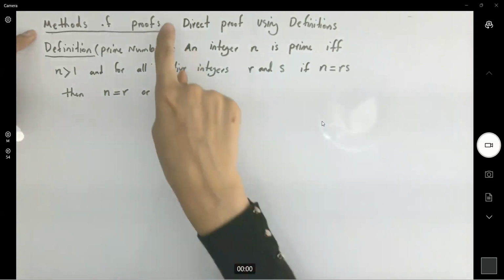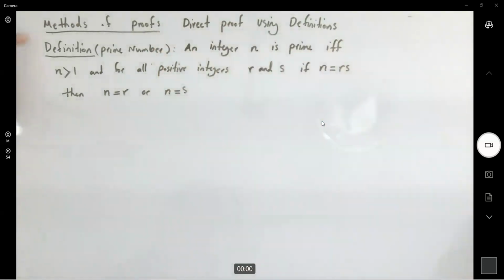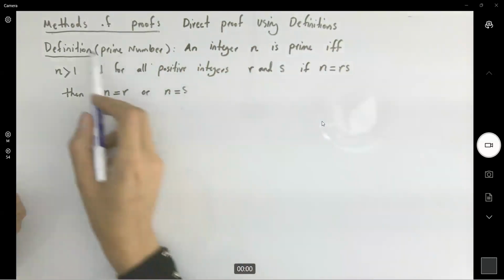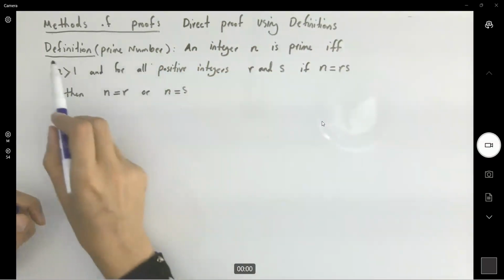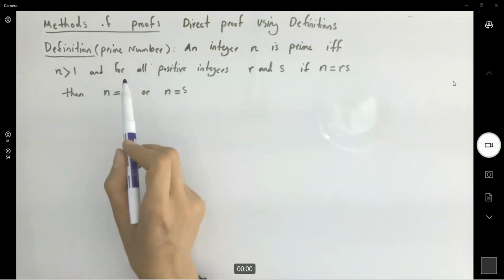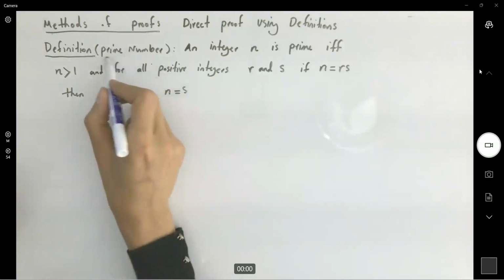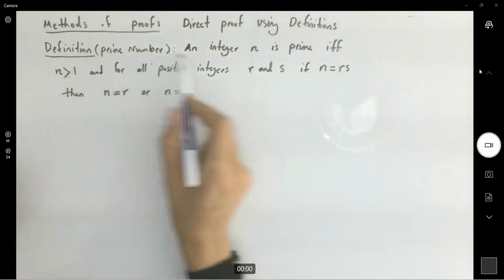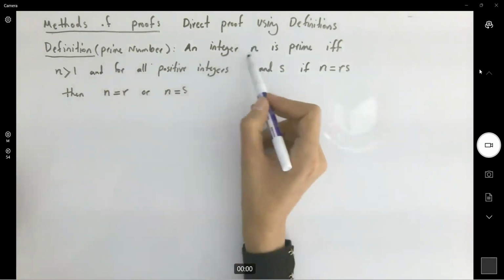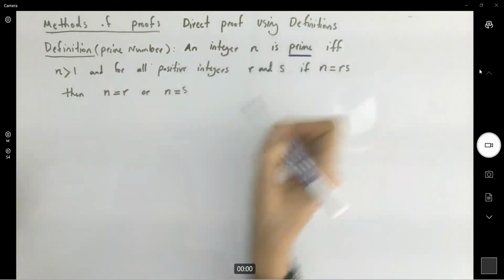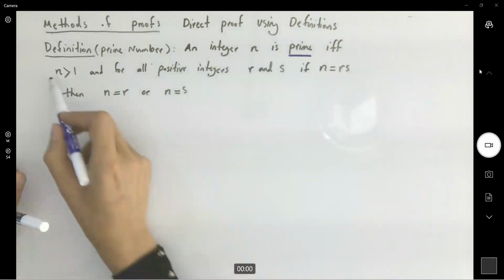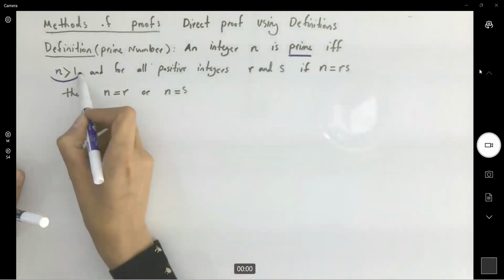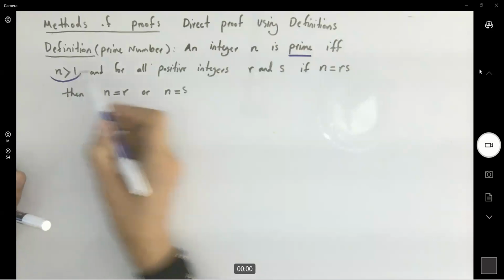Methods of proof. Direct proof using definition. The very first category is prime and composite numbers. So first we define a prime number. An integer like n is called a prime number if and only if it satisfies two conditions. The number must be larger than 1.